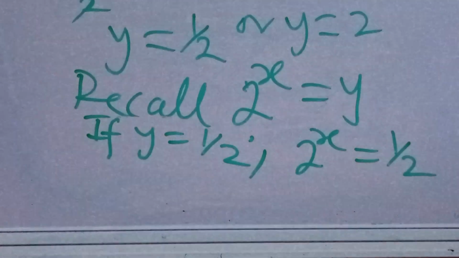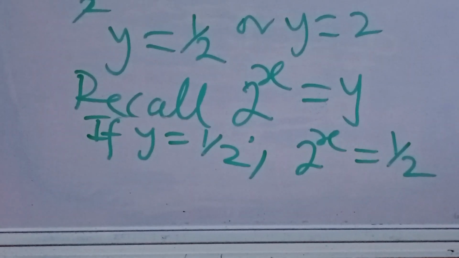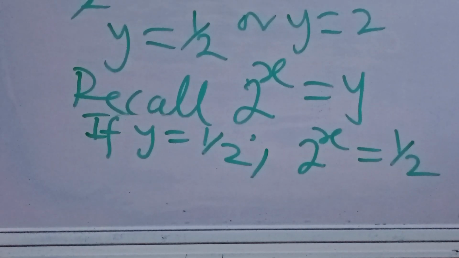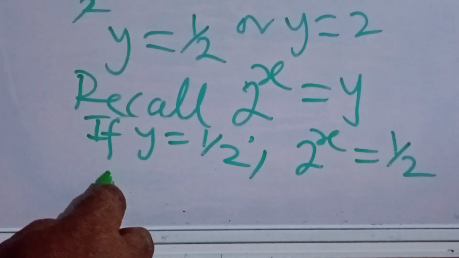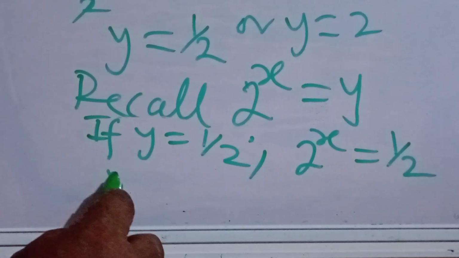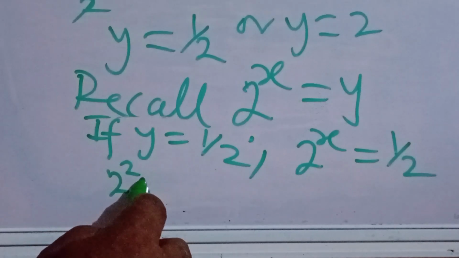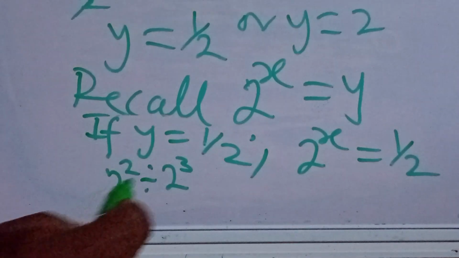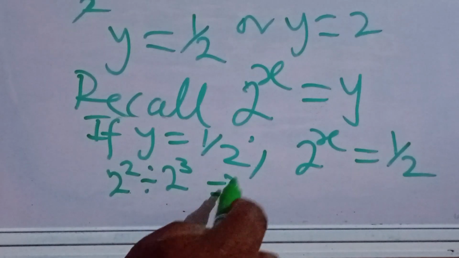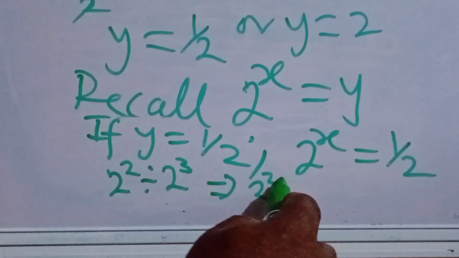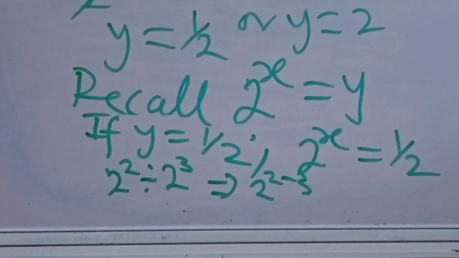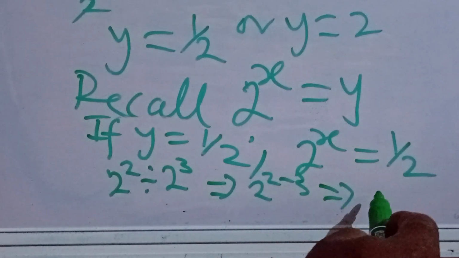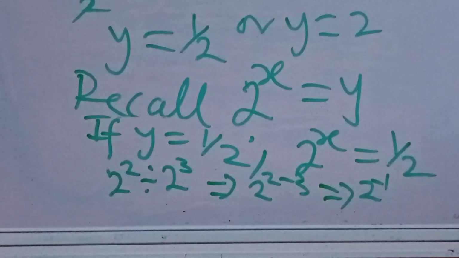Note, under negative index, for instance, if you have 2 raised to the power 2 divided by 2 raised to the power 3, let's say we have something like this. This implies 2 raised to the power 2 minus 3, and this implies 2 raised to the power minus 1.